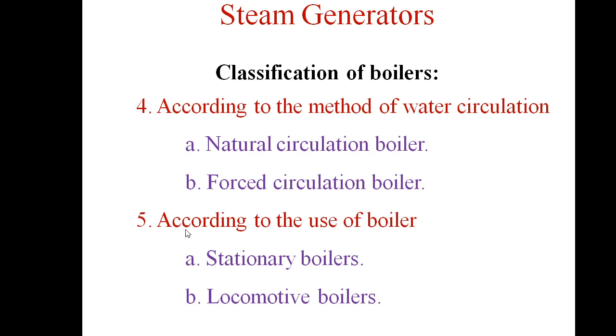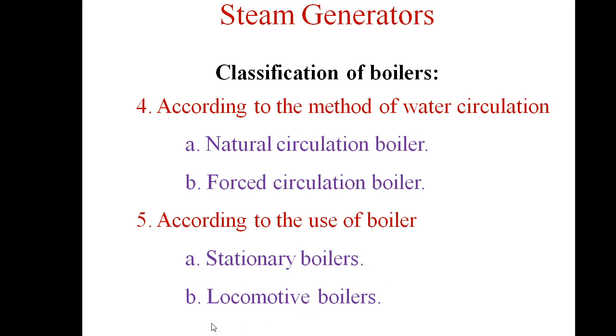The fifth classification of boilers is according to the use of the boiler. Depending on the application, boilers are classified as stationary boilers and locomotive boilers. The stationary boilers are installed in industries. The boilers which are installed in industries and are not capable of moving from their installed location are known as stationary boilers.